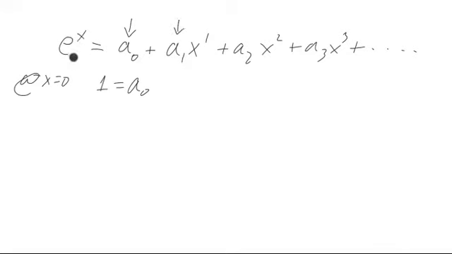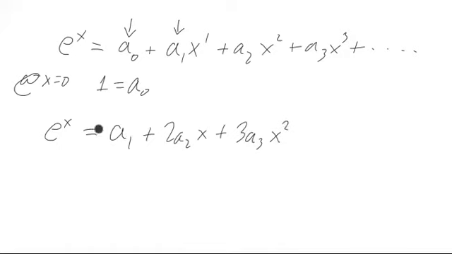Now, let's figure out how we can find a1. To find a1, let's take a derivative of both sides. What good would that do? Well, the derivative of this side is e to the x, right? Over here, this constant goes away. Then the lowest thing is this one, and notice that it's a constant term now, because we take the derivative of a1x, we just get a1. Here we get plus 2a2x, and here we have plus 3a3x squared.